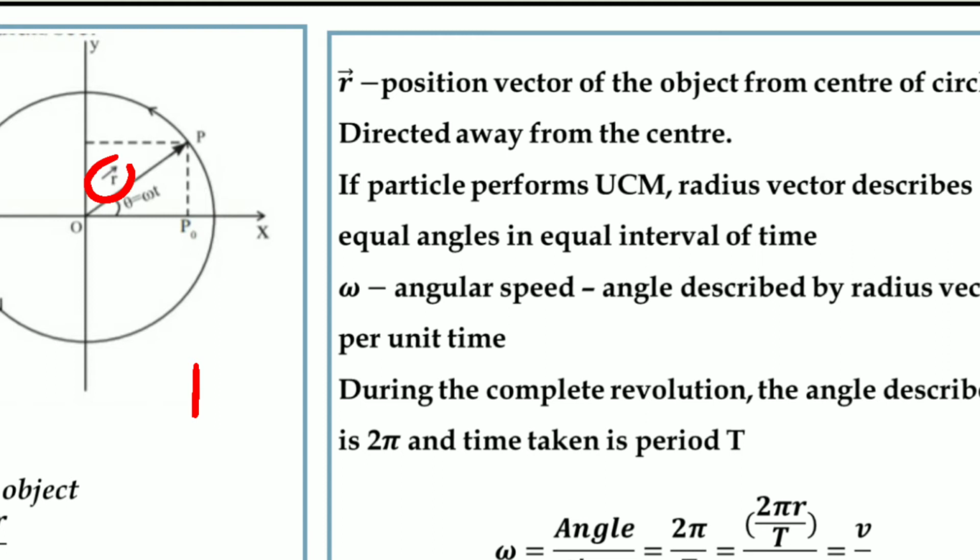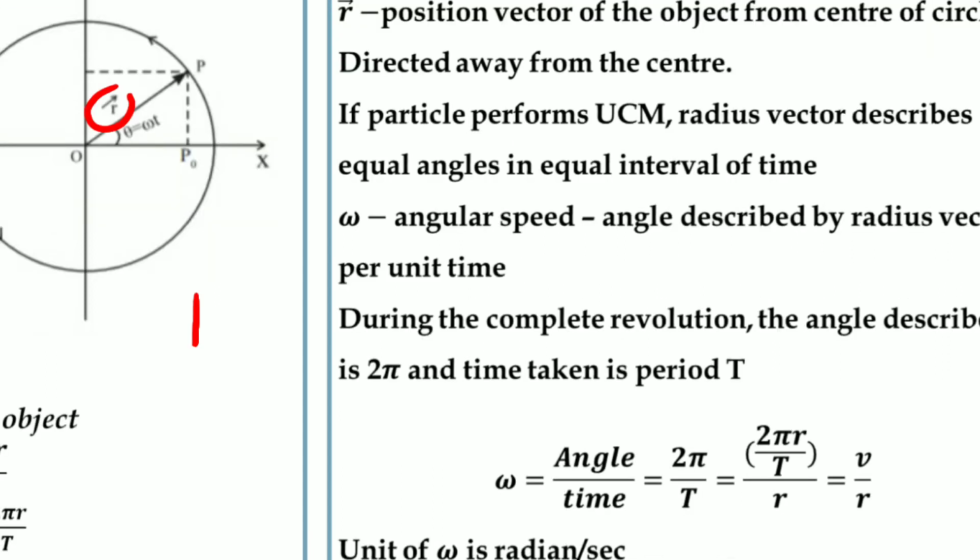If a particle performs UCM, that is uniform circular motion, the radius vector describes equal angles in equal intervals of time.